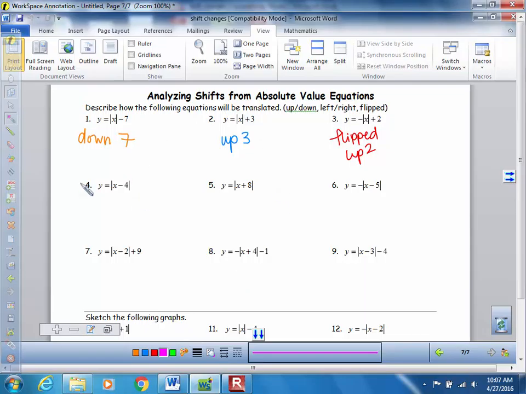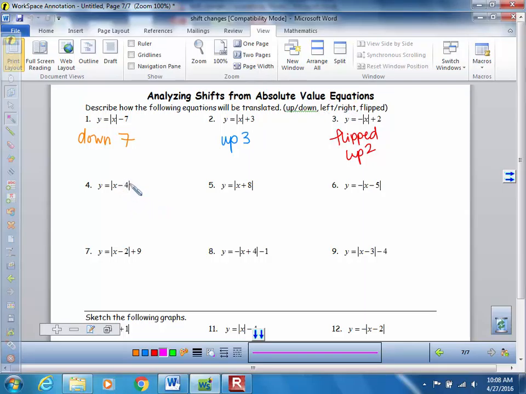Brianna, what about 4? What happened there? Okay. Is 4 an x or a y value? It's an x. So is x up and down or right or left? Okay.